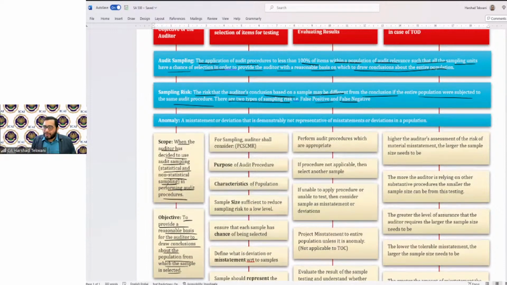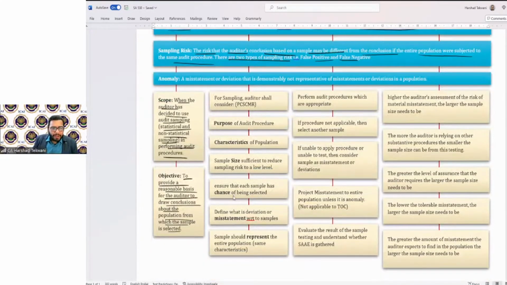When we are performing the sampling procedure, we need to take care of certain things, like how we do sampling, how we select samples. There are many things that we need to take care of. I have created a short wording for that: TCSCMR. You need to consider TCSCMR.